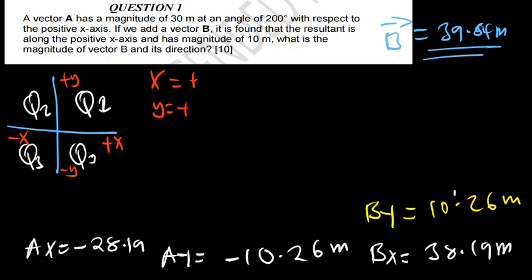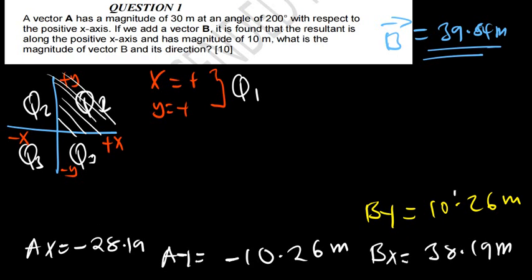If x is positive and y is positive, definitely the angle is going to fall in the first quadrant. Before you even solve, you will be able to know that the angle has to be in this quadrant, because in the first quadrant, that's where I can clearly see that x is positive and y is also positive.